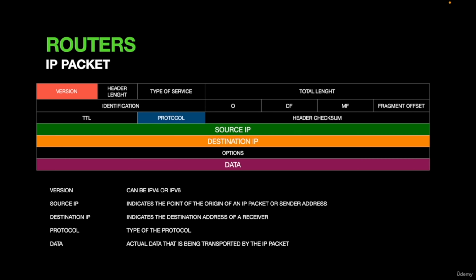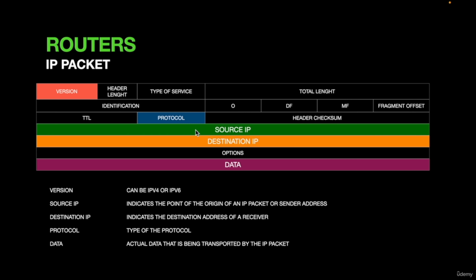How does an IP packet look like? An IP packet can have multiple fields. The most important ones are version, protocol, source IP, destination IP, and data. The version shows us which protocol we are running, IPv6 or IPv4.